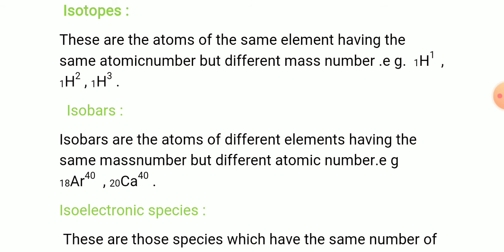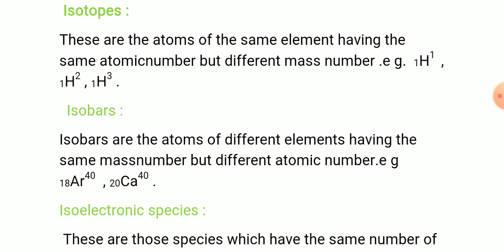Isobars are atoms of different elements having the same mass number but different atomic numbers. Example: 18Ar40 and 20Ca40. These two are examples of isobars because their mass numbers are the same.